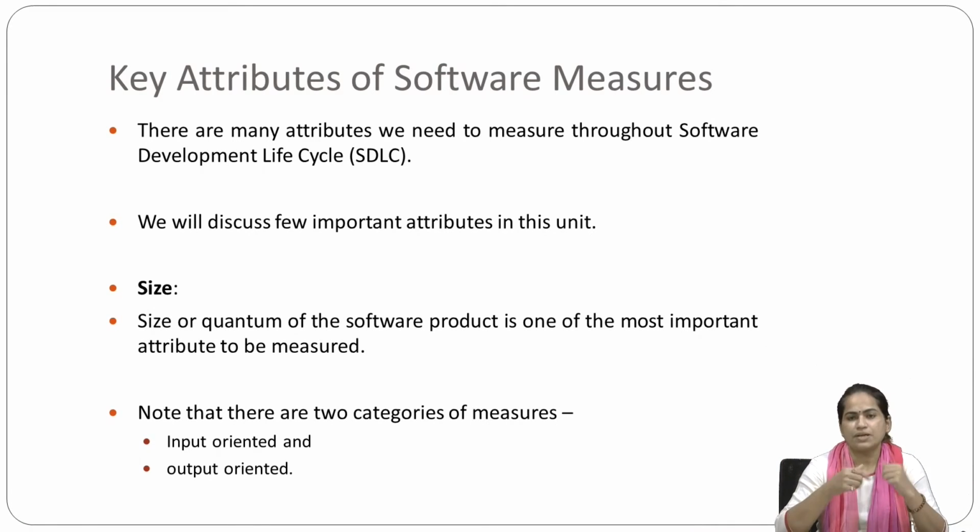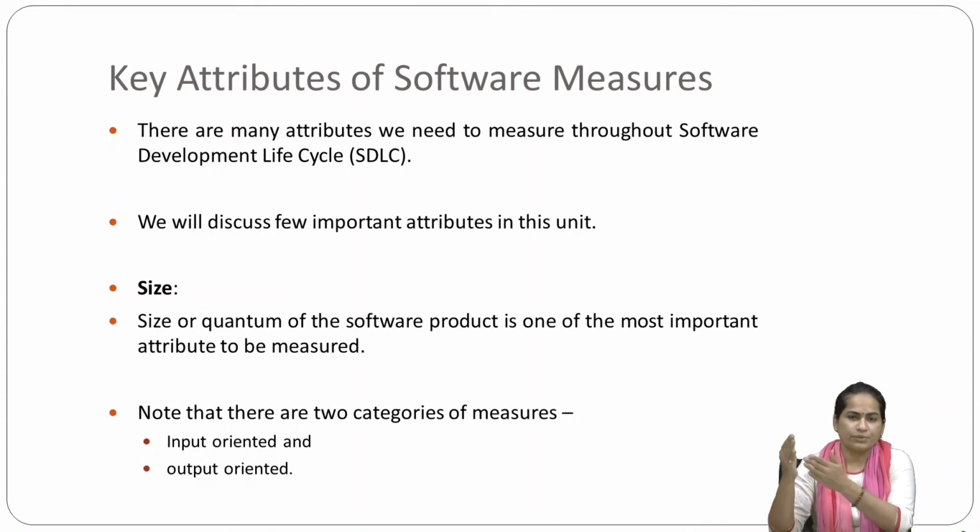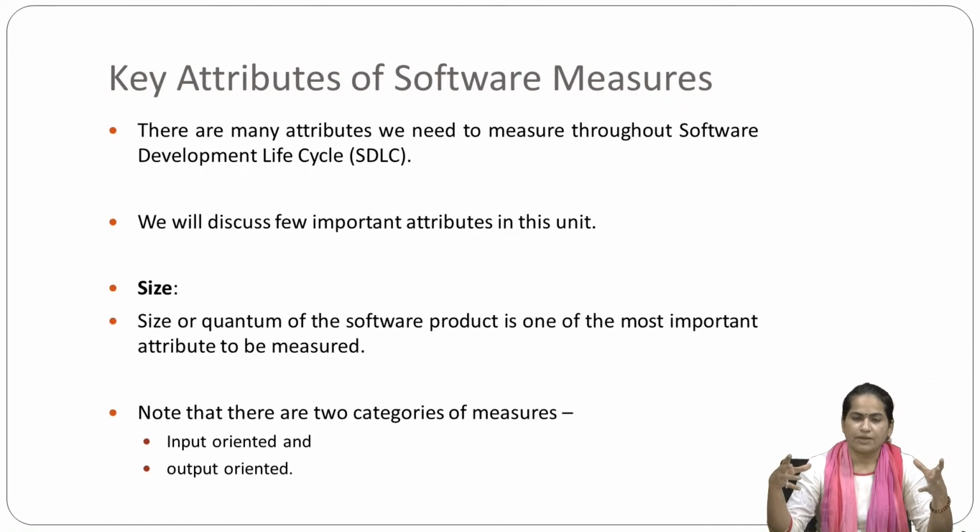How are we going to decide the size? Suppose you have 10 requirements which you want to fulfill in your software. Then obviously with 10 requirements the software size will be small. But suppose you have 100 requirements. Compared to 10, if you consider 100 requirements, then the size will be bigger. Getting it?